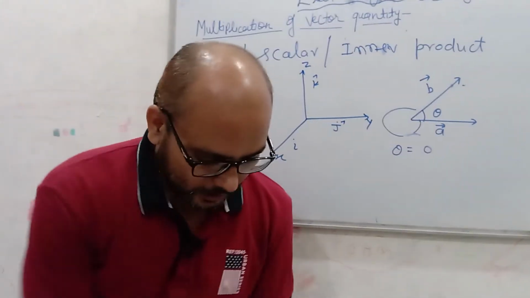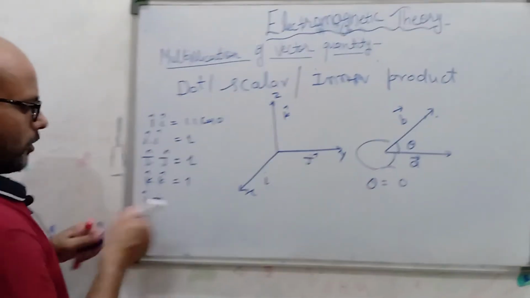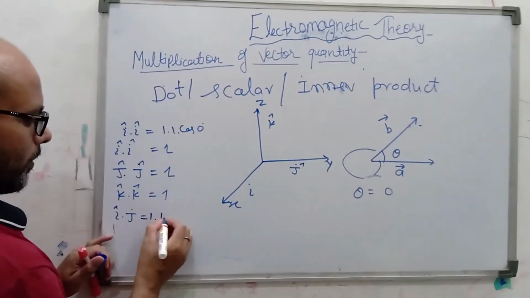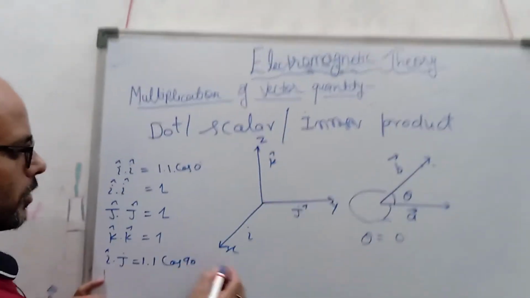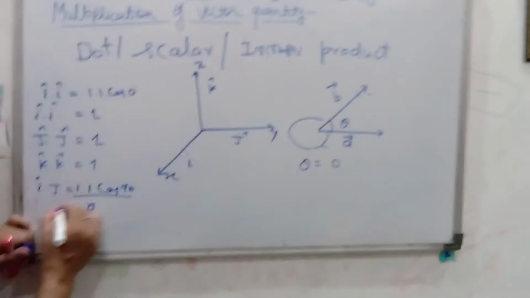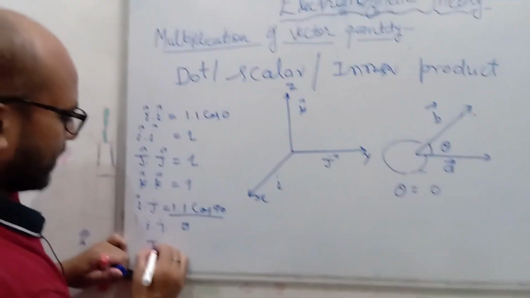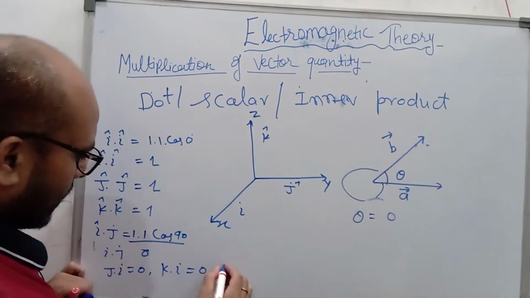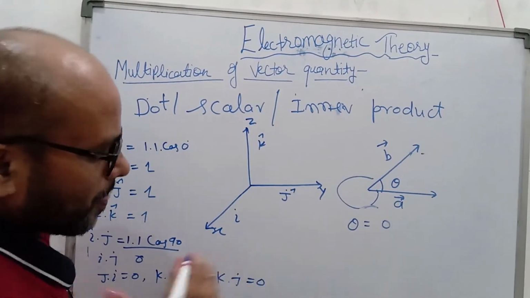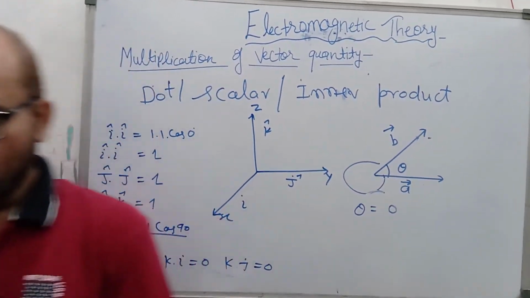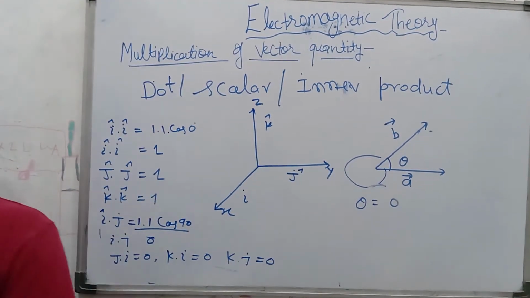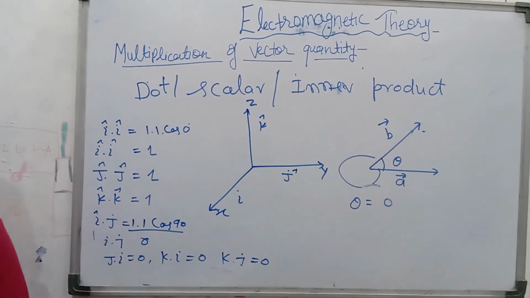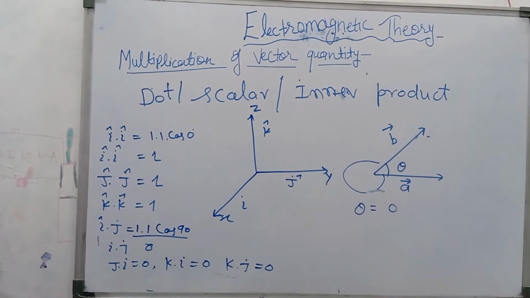So i dot j equals 1 into 1, but cos 90 equals 0. So i dot j equals 0, j dot i equals 0, k dot i equals 0, k dot j equals 0. Right? So keep in mind, for solving numerical problems, i dot i, k dot k, j dot j.